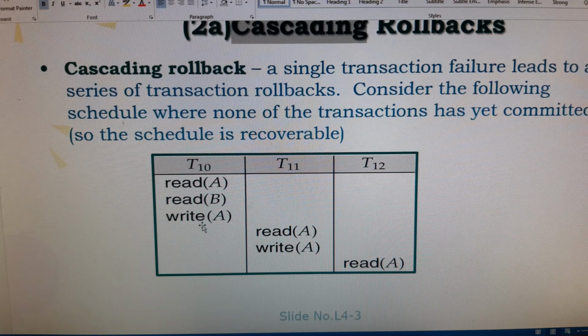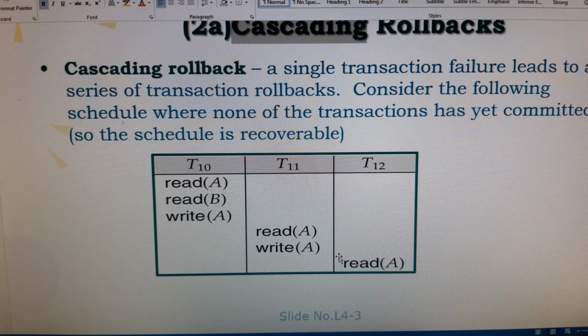T10 aborted means it is unsuccessful and its value is inconsistent. The inconsistent value is read by T11, so it is also inconsistent. The inconsistent value is read by T12, so it is also inconsistent. One single transaction failure leads to multiple transaction failures. If T10 is aborted, the aborted value is read by T11 and T12, so both fail.